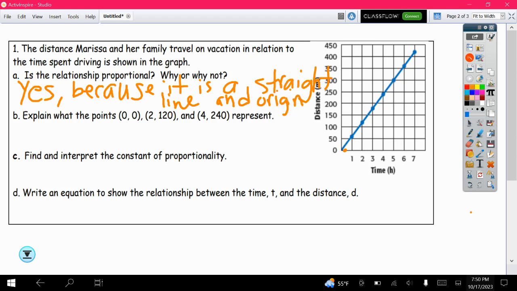All right, next let's take a look at B. Explain what the points (0, 0), (2, 120), and (4, 240) represent.